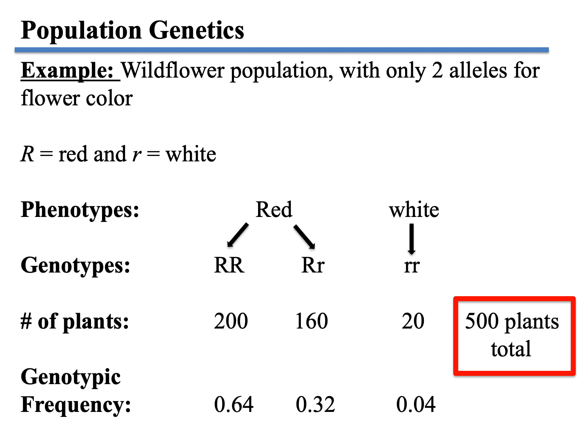So for example, for the homozygous dominant genotype, there are 200 individuals that have that genotype. Divide 200 by 500, which is the total number of plants. That gives you 0.64, which is the genotypic frequency for homozygous dominant. And you can do the exact same calculation for the heterozygous individuals and the homozygous recessive individuals.